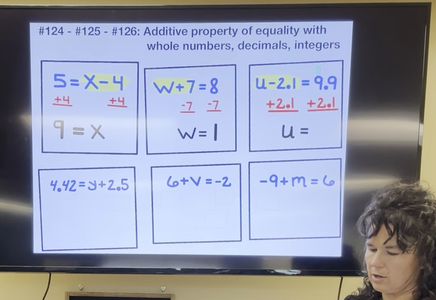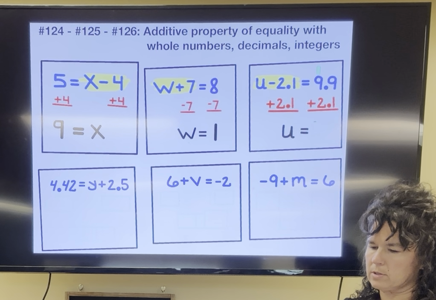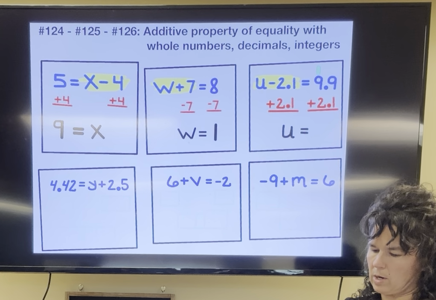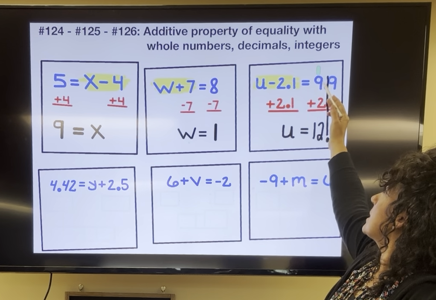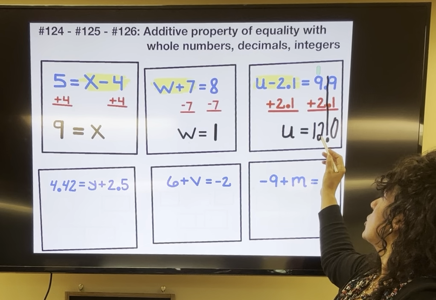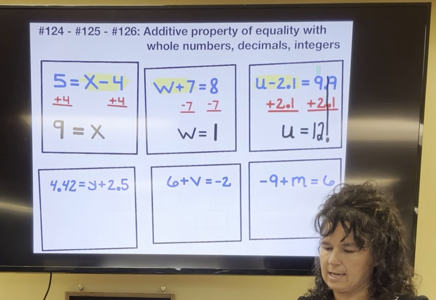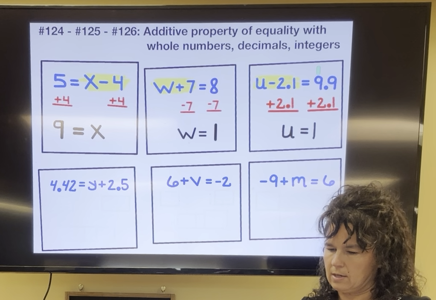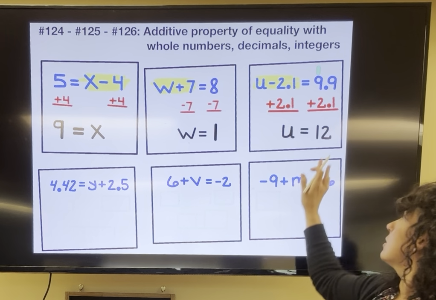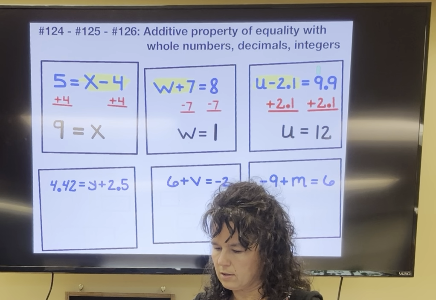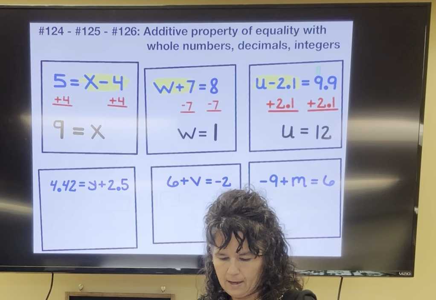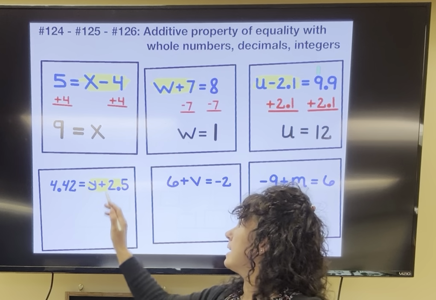So I end up here with 12, bring the decimal straight down, 0. 9 plus 1 is 10, carry the 1. 2 plus 9 plus 1 is 12. But 12.0 is the same thing as just 12.